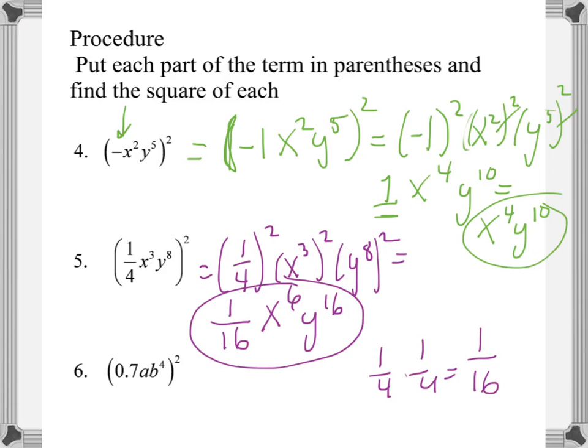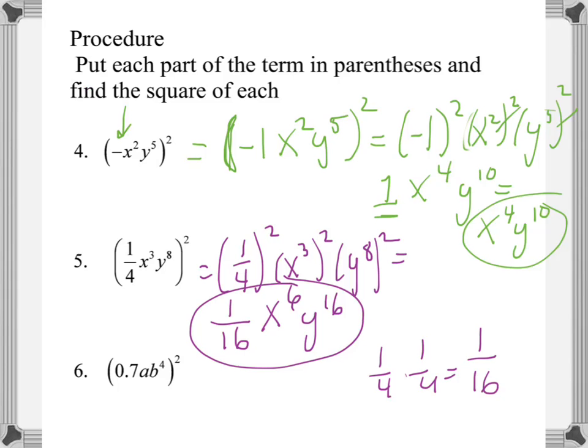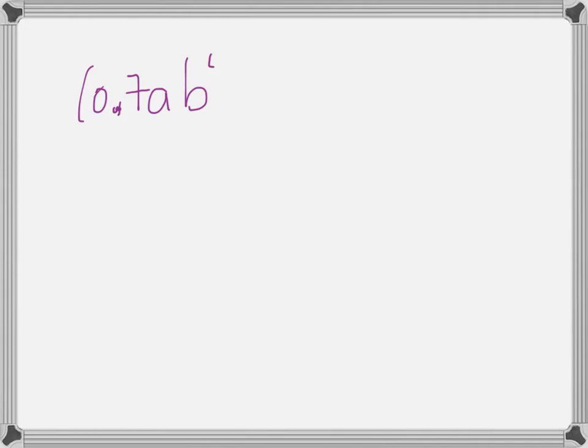Okay, I'm going to take this one on another page here. So that was 0.7 a times b to the 4th squared. In this case, again, the coefficient, even though it's a decimal, I can still square it.